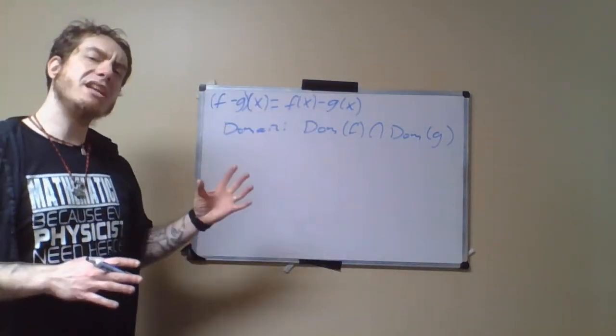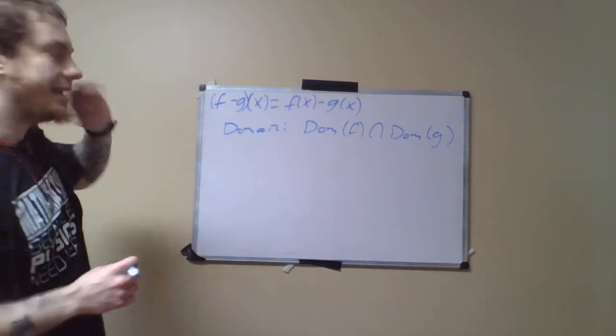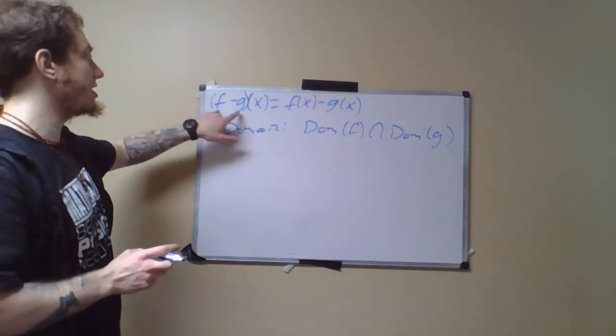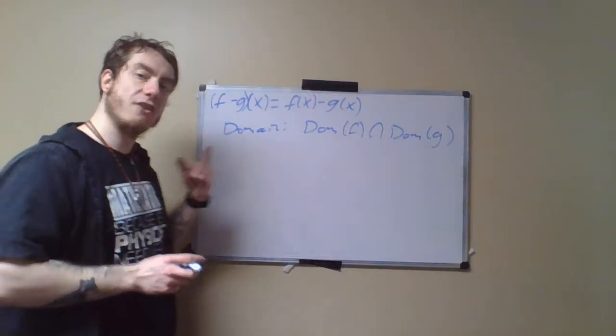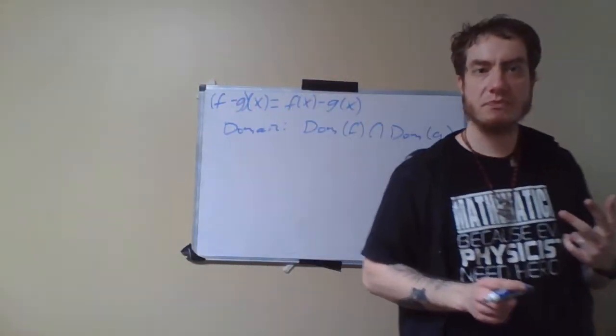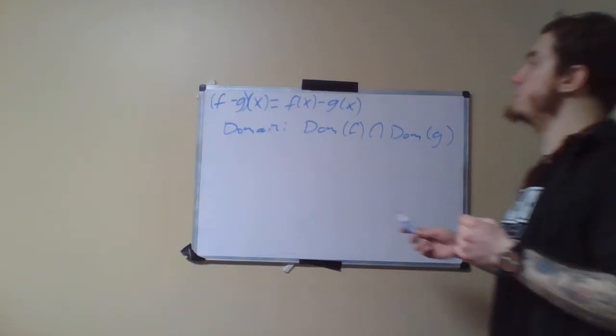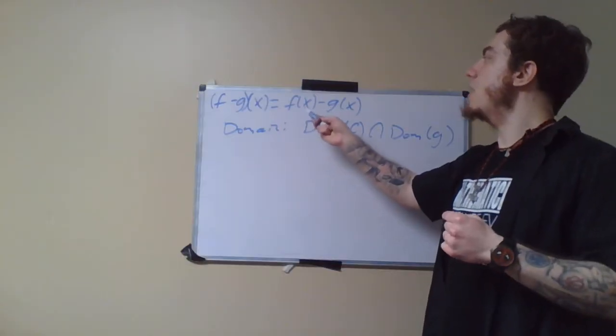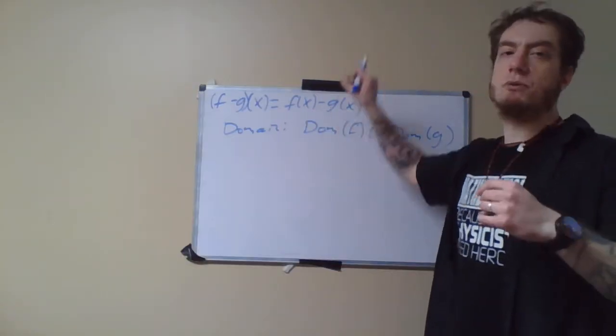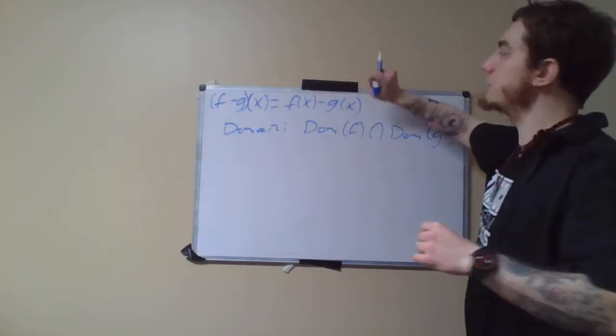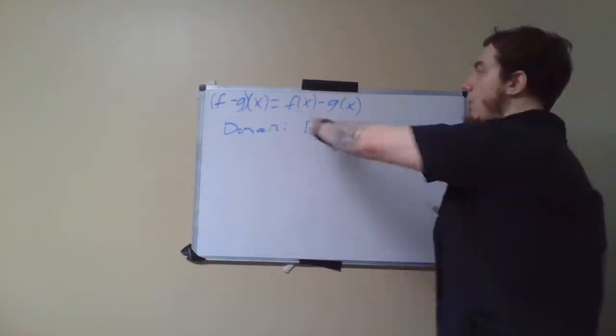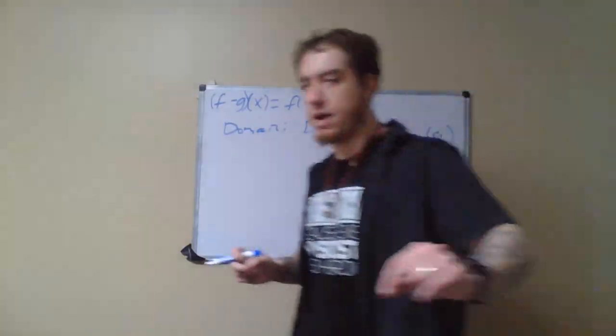One way to think of this, by the way, is even though we come up with a new, simplified expression for f plus g or f minus g, in order to be defined, you have to be able to evaluate f, and you have to be able to evaluate g separately. Otherwise, this stuff is not defined.